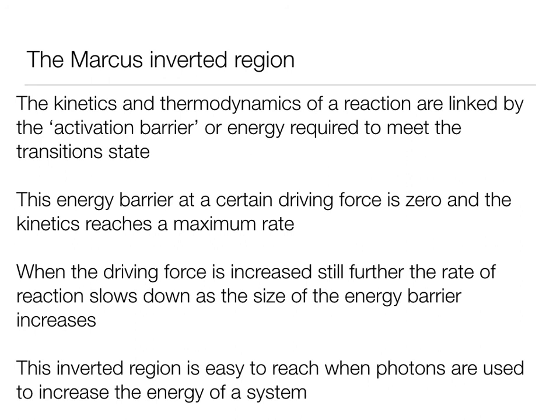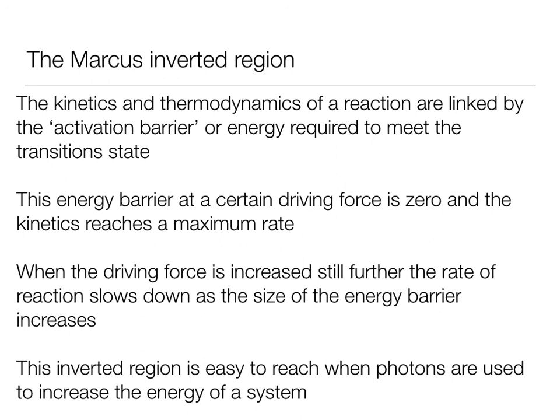When the size of the driving force of the reaction and the size of this reorganization energy are the same, then my kinetics reaches a maximum rate because there is essentially no activation barrier for the kinetics to occur. But if I increase the driving force beyond this, I slow it down because I reintroduce this activation barrier.